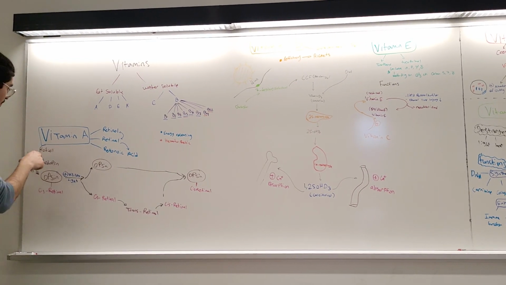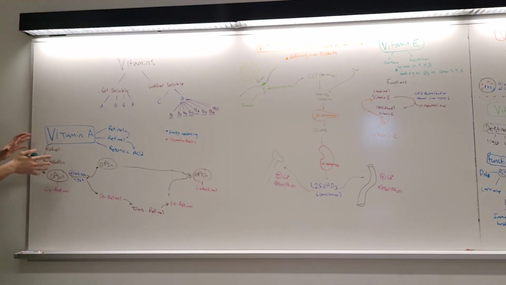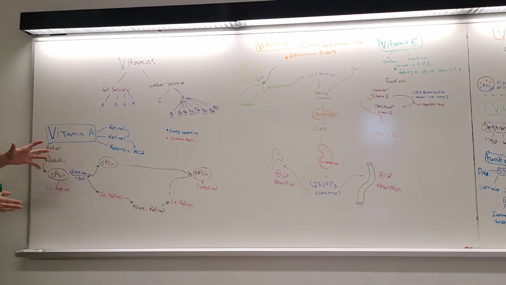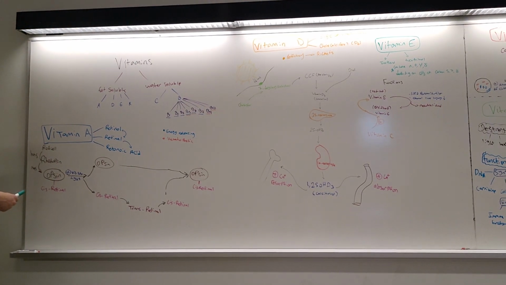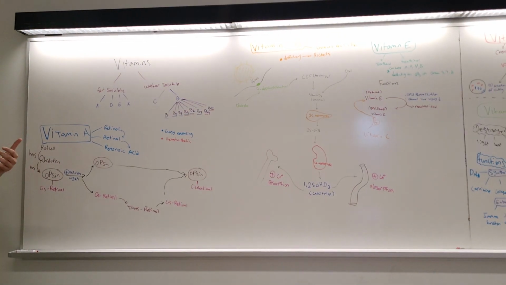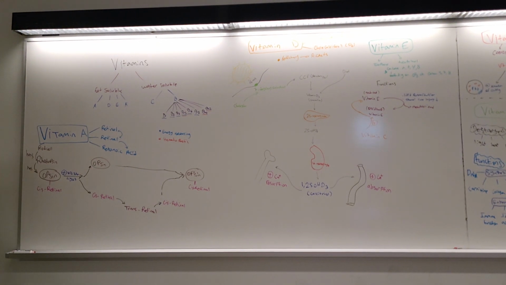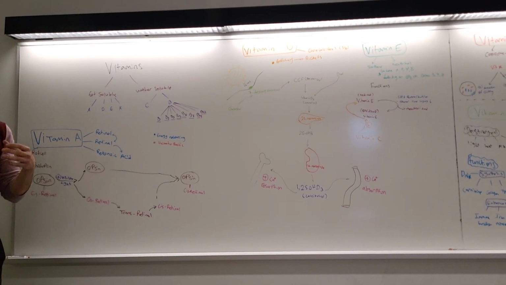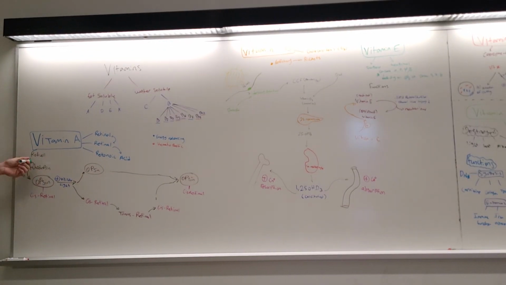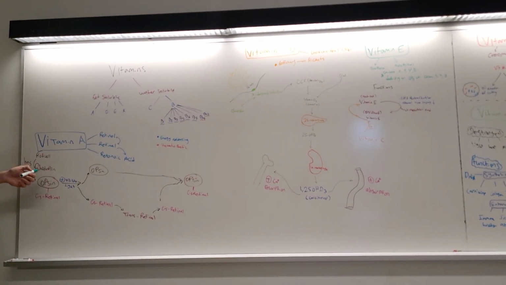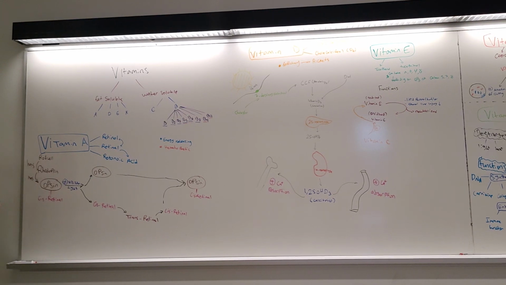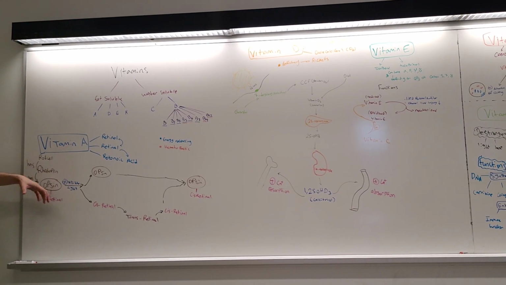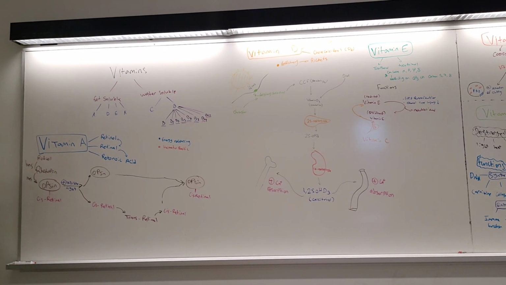Okay. Now, what does vitamin A have to do in general? Well, it functions in dim vision or dark vision. And so, in your eyes, you have your rods and cones, okay? Your rod cells specifically contain this protein called rhodopsin. And rhodopsin inside of it has opsin, which is bound to cis-retinal, okay?